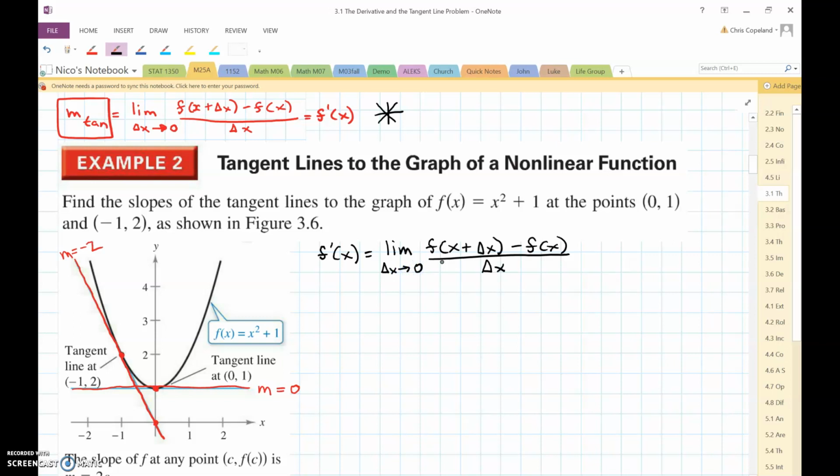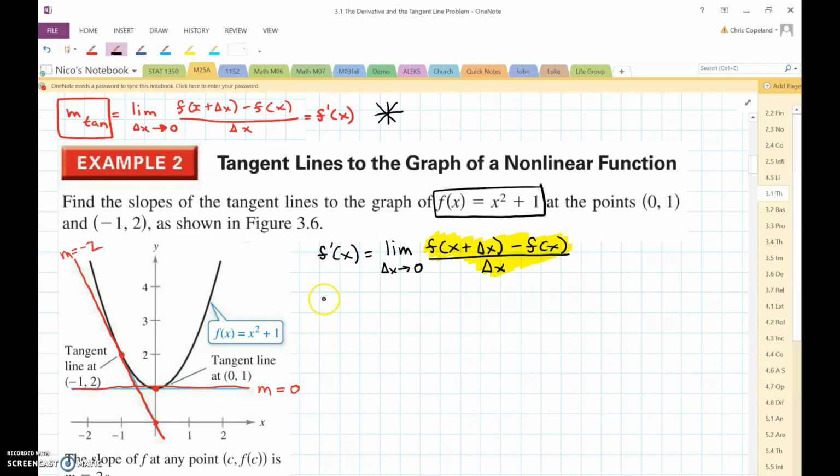Remember, this function right here is the slope of the secant line. When you force delta x to approach 0, this whole thing will equal the slope of the tangent line.